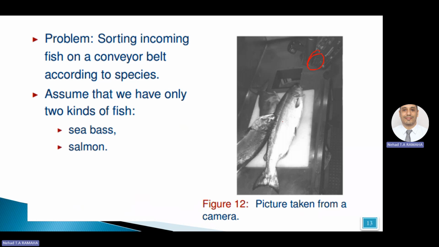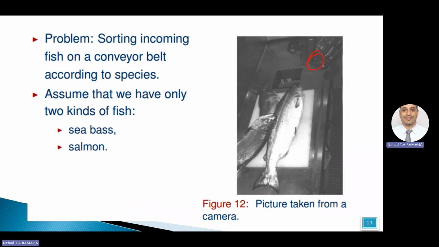Then from this picture, we will extract some data, the picture of the fish. This data we call it what? Features, yes? For example, the size of the fish, the lightness, is it bright or dark?